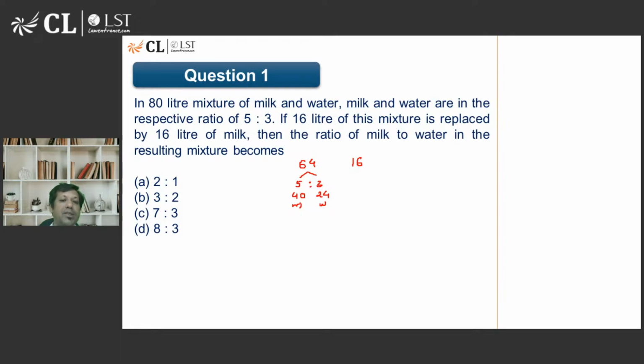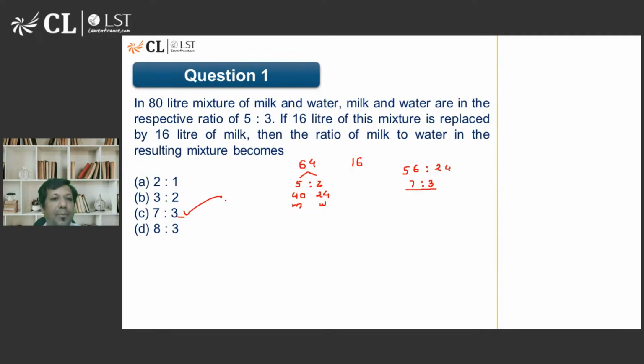Now you are adding 16 liters of milk. So what is the final quantity of milk you are going to have? 56. What is the final quantity of water? That is 24. Now I can cancel out by 8. So 8 sevens are 56, 8 threes are 24. So the ratio of milk to water becomes 7:3, and that's option C.